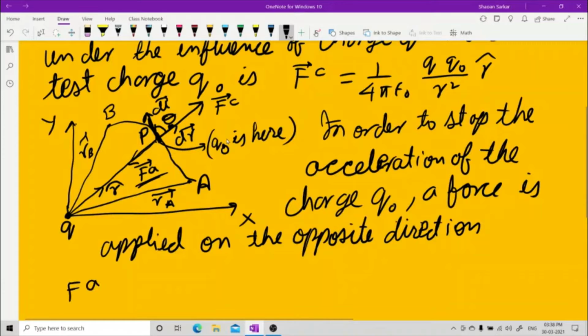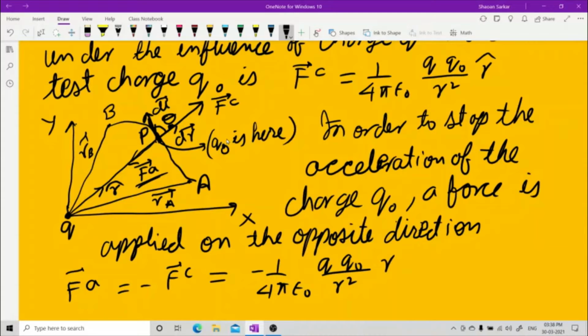This FA is nothing but the opposite of the vector FC, and this is nothing but minus 1 by 4 pi epsilon naught Q Q naught upon R square R cap.